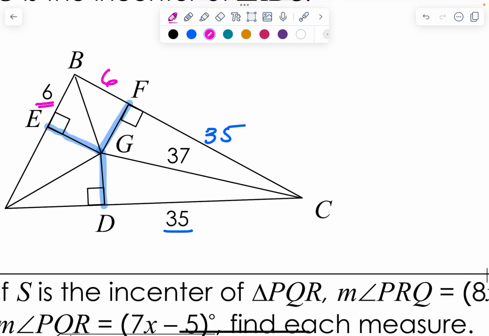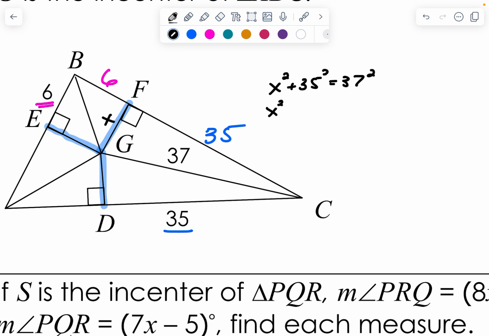So if we look at this triangle right here, CGF, we'll call this X right now, we can figure that out using the Pythagorean theorem. So we could say x squared plus 35 squared equals 37 squared. Let's see, some big numbers here.